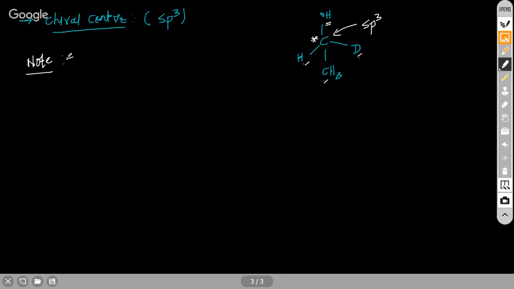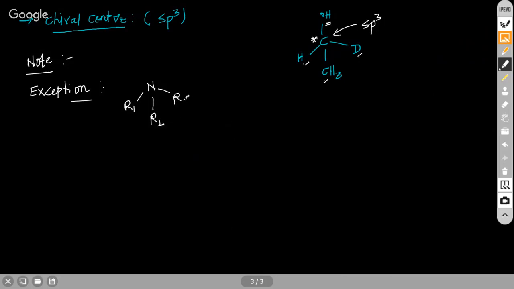Now in this, we have one exception also. Write down the exception. And what is that exception? Tertiary amines. Tertiary amines are when the nitrogen has three alkyl groups attached, and I am taking three different alkyl groups, R1, R2, R3.